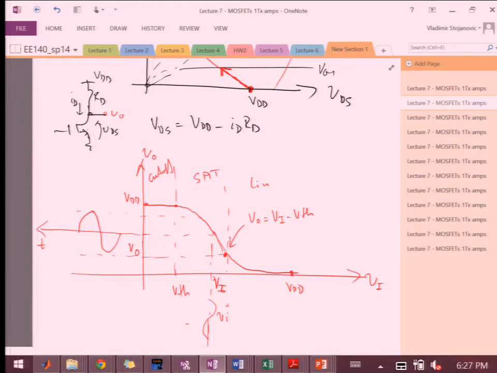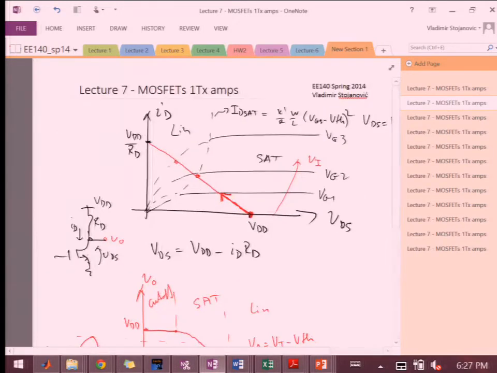But if you look at these curves, this type of shape is more like a resistor, right? This shape is not a resistor, it's more like a current source. This shape is more like a resistor. So that's why I said the very zero order approximation of a transistor in the linear region is that it's just like a resistor.